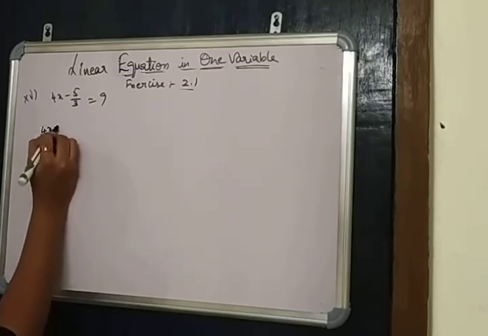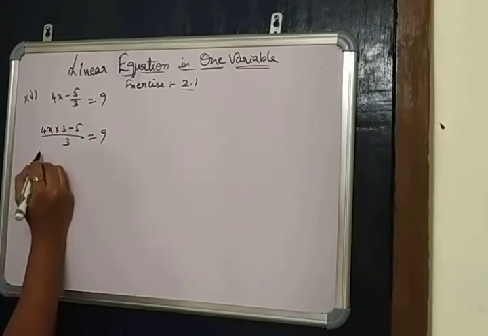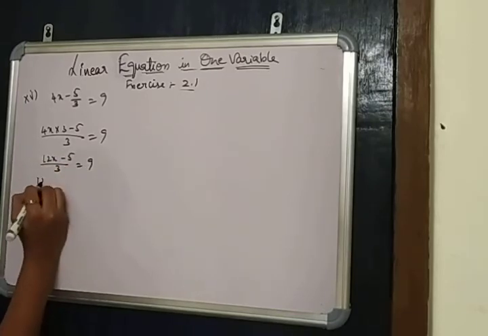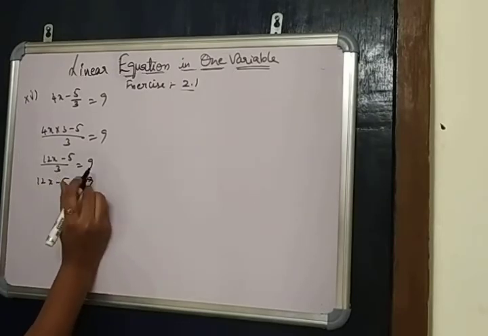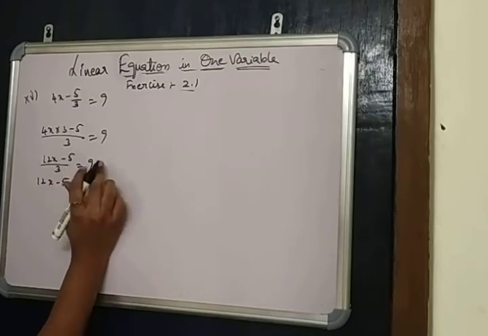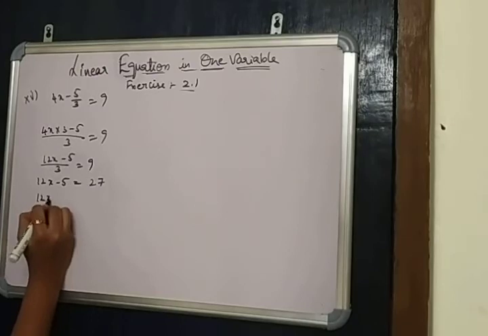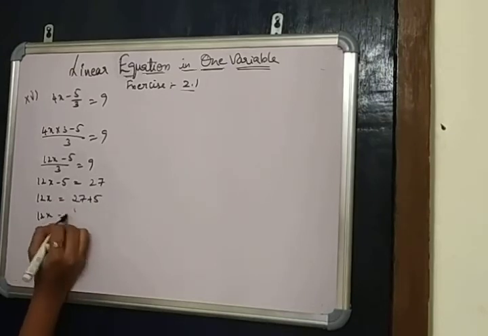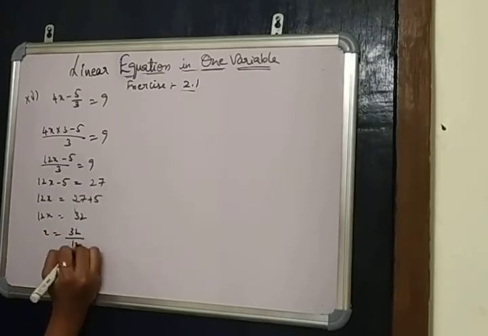Take LCM. 4x into 3 minus 5 divided by 3 is equal to 9. 4x into 3, 12x minus 5 divided by 3 into 9. 12x minus 5 is equal to, transpose this 3 by cross multiplication, 3 into 9 will become 27. 12x is equal to, transpose this 5 into the right hand side, then it becomes 27 plus 5. 12x is equal to 27 plus 5 is 32, where x is equal to 32 divided by 12.